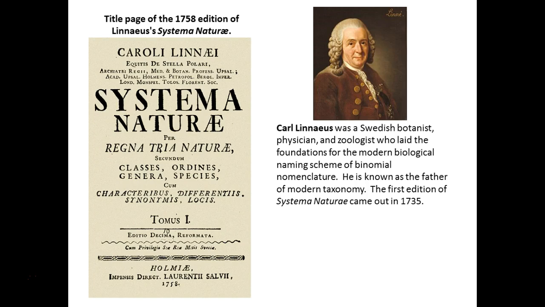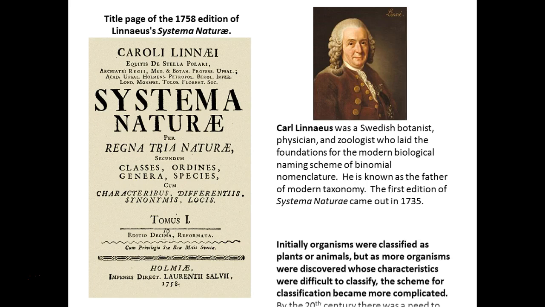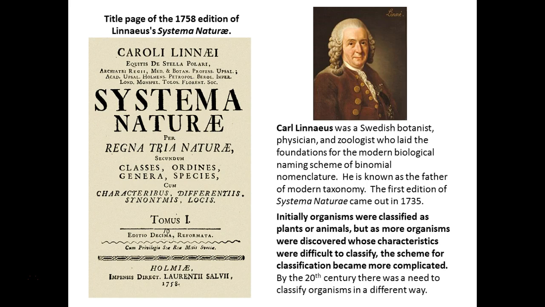So really it was just two main groups, plants and animals. Then, when we started seeing other organisms that really didn't fit into that plant or animal category, we had to come up with more categories, right? More classifications. So what is the organization of the groupings that we put organisms into?